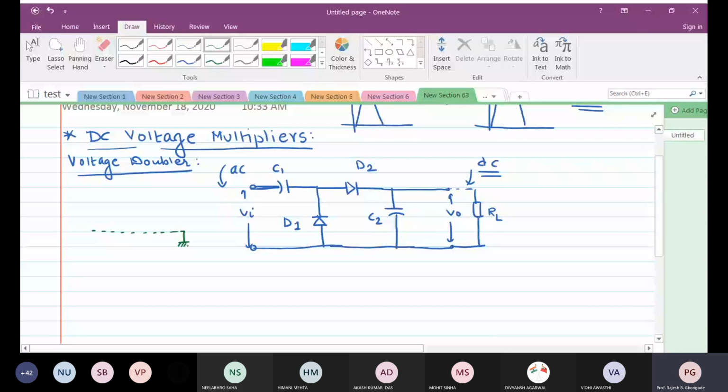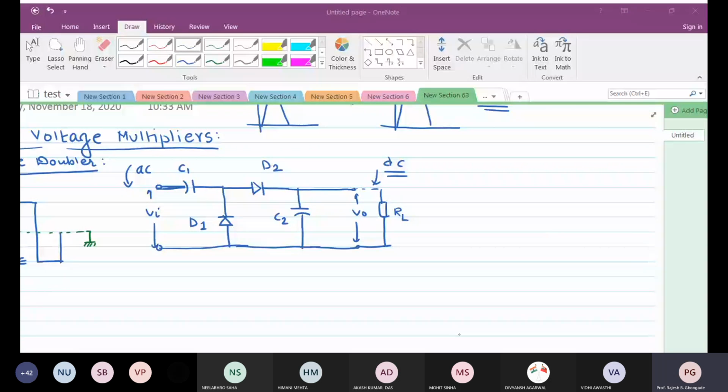So my input waveform, I will again use a square wave so that it is easier for you to understand. The Dickson voltage multiplier also follows the same logic. All right. So this is your input waveform. Remember, this is AC. Input is AC. All right.